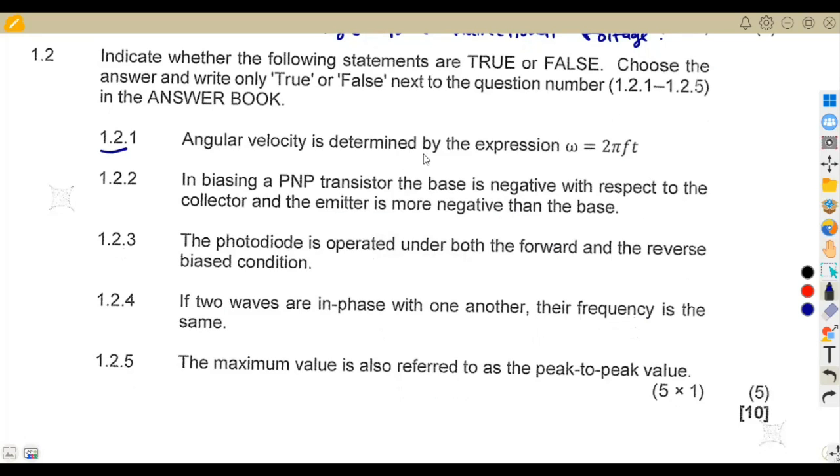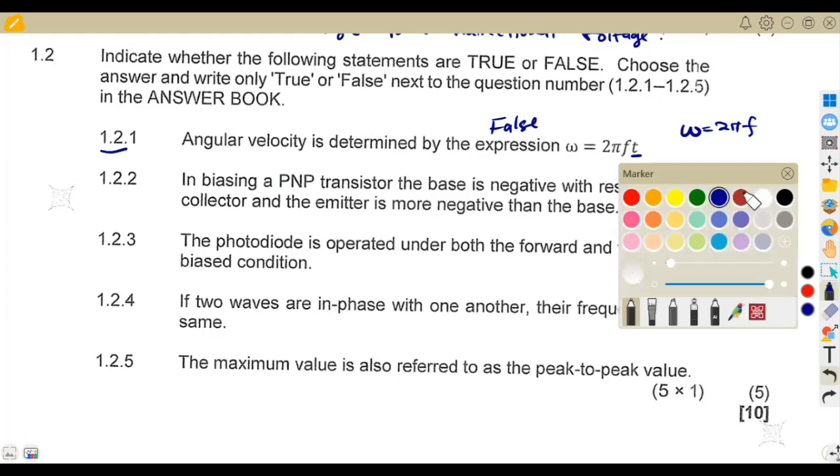Angular velocity is determined by the expression omega is equal to 2 pi ft. This is actually false. Omega is equivalent to 2 pi f, not 2 pi ft. It's 2 pi f, which is measured in rad per second. So you see, they just tempt you with this t here.